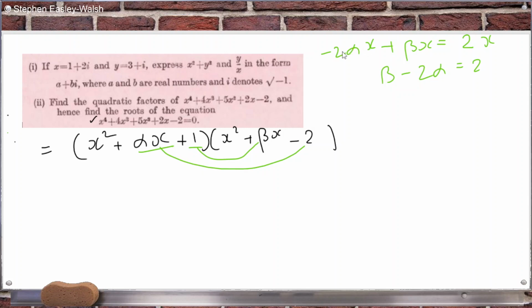Why did I say minus here though? Oh yeah, minus 2. So yeah. Okay.